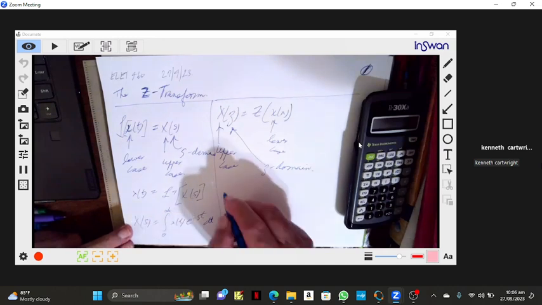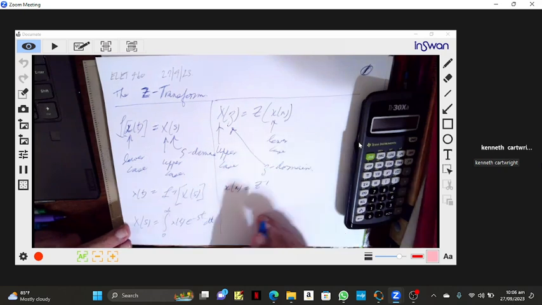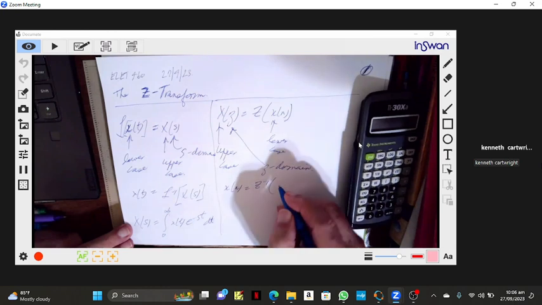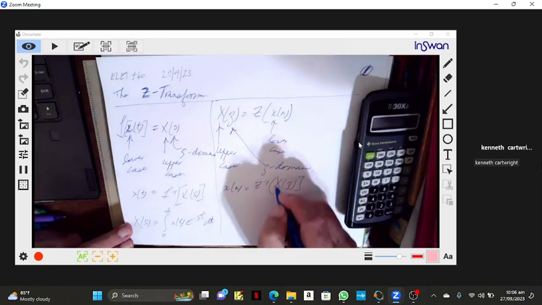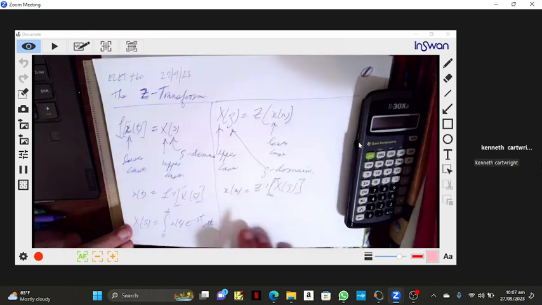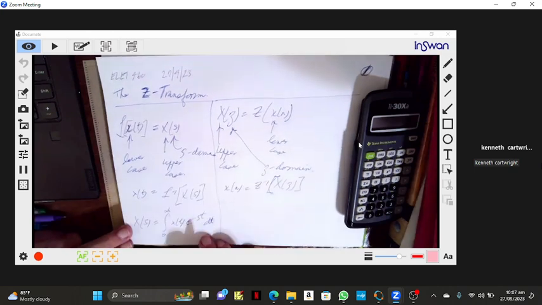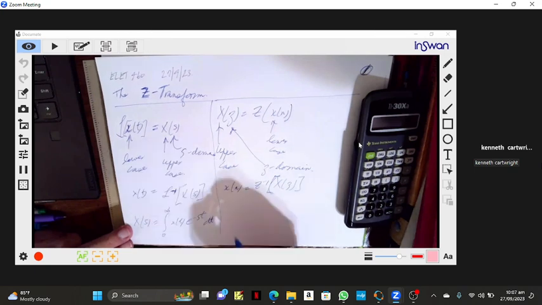And so we also have that x of n is the inverse Z transform of X of z. So this works just like Laplace transform, but of course, you're having trouble remembering Laplace transform.